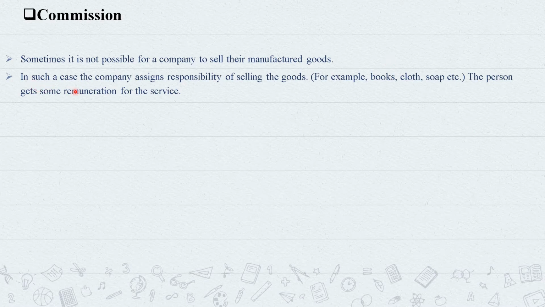So in such a case, a company assigns the responsibility of selling the goods like books, clothes, soap, etc. to somebody else. That person gets some remuneration for the service. Remuneration means some salary. Now this remuneration or this money is called commission.